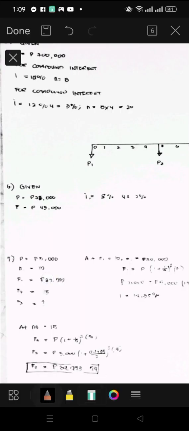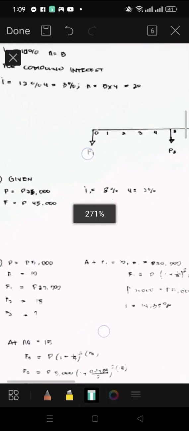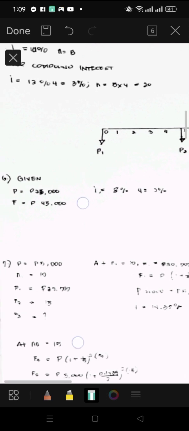At a certain interest rate compounded semiannually, 5,000 will amount to 20,000 after 10 years. What is the amount at the end of 15 years? So we proceed. The solution is P is equal to 5,000, the principal.